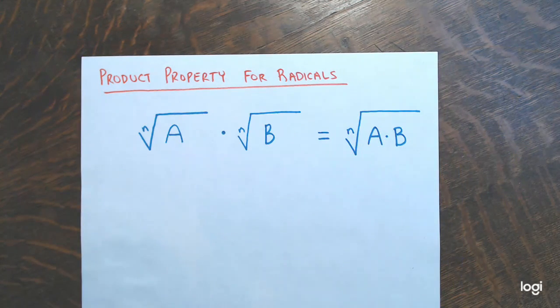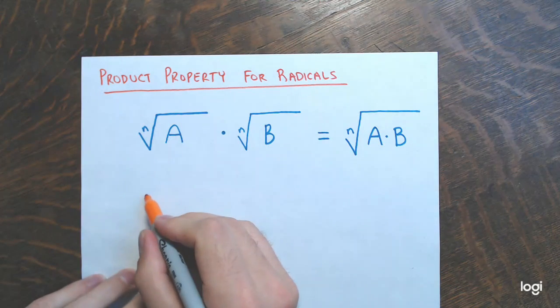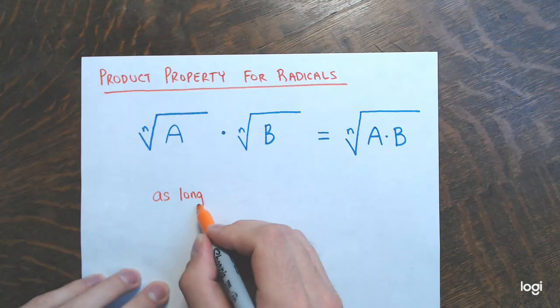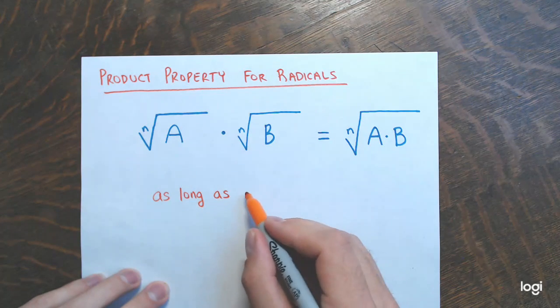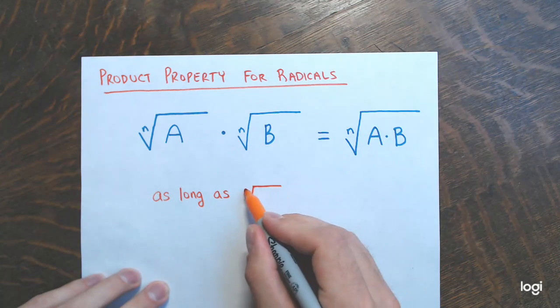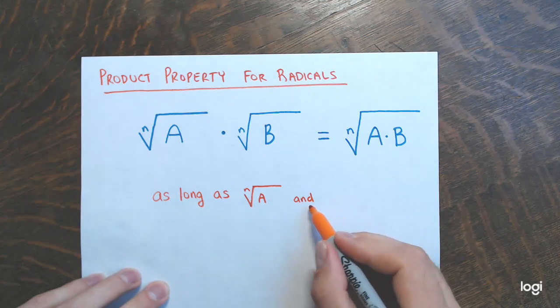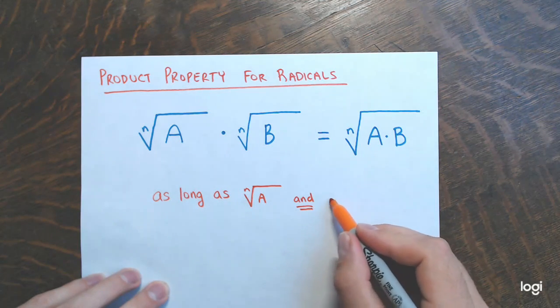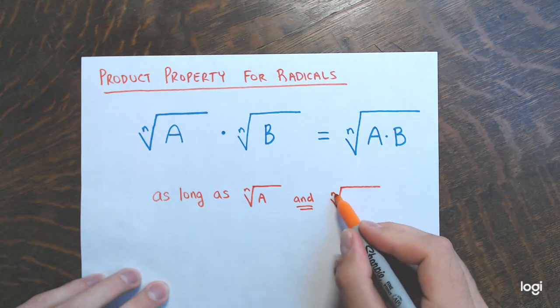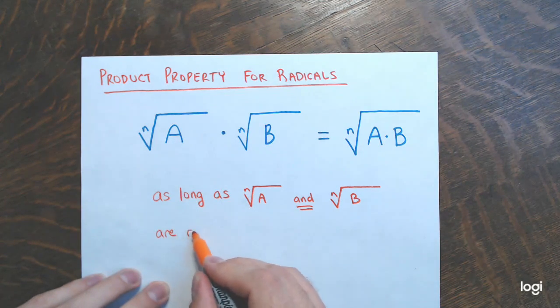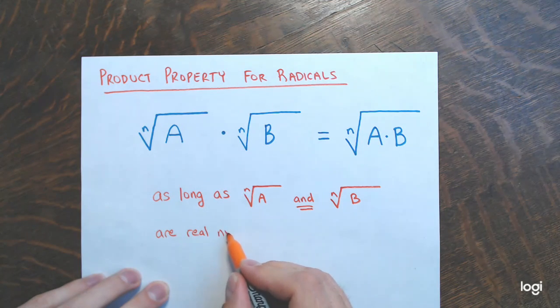Now this is of course only as long as the nth root of a and the nth root of b, both of them, are real numbers, we can use this property.